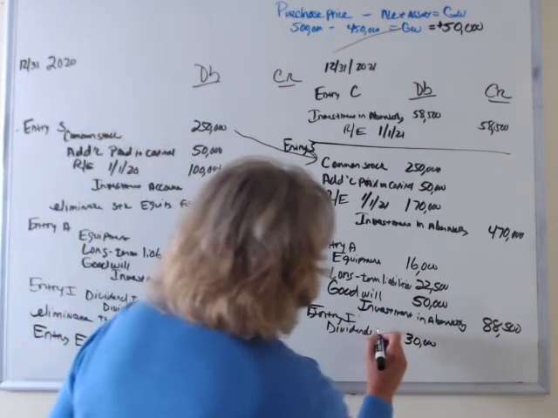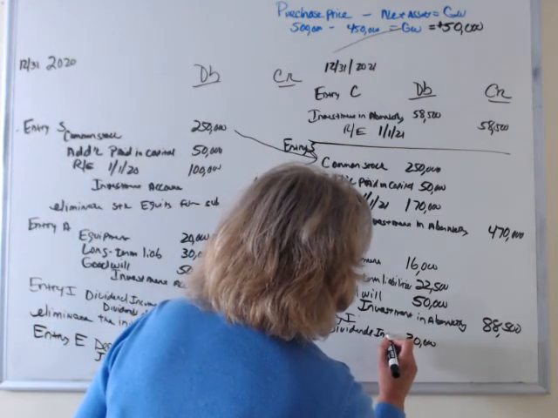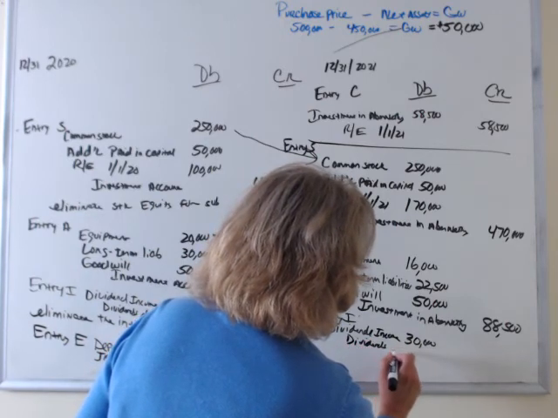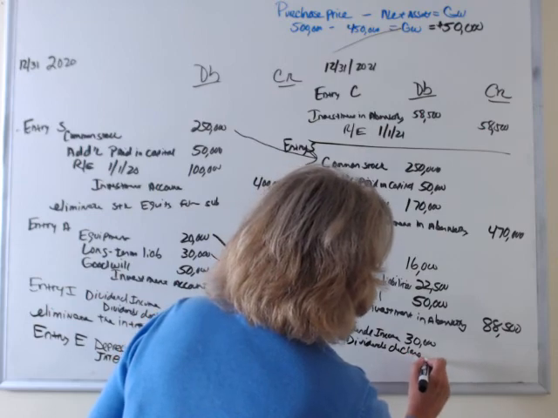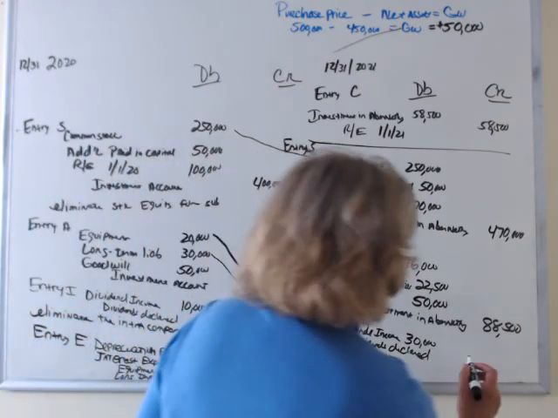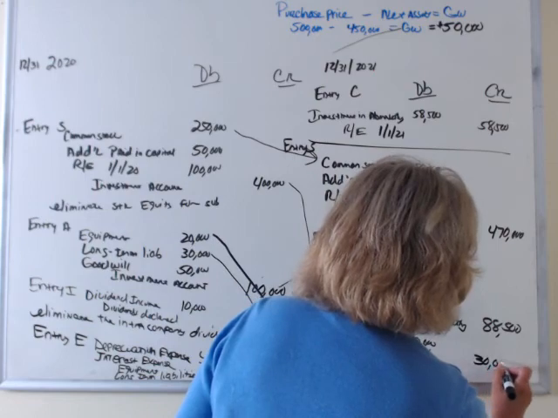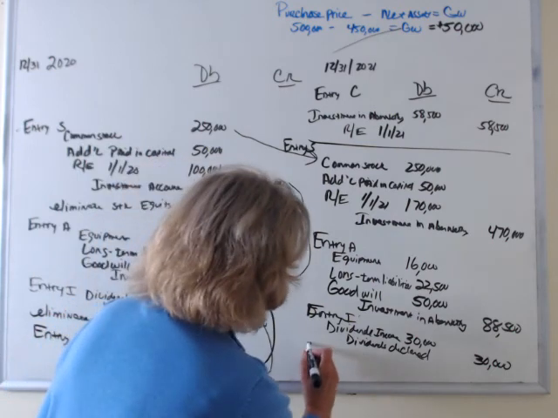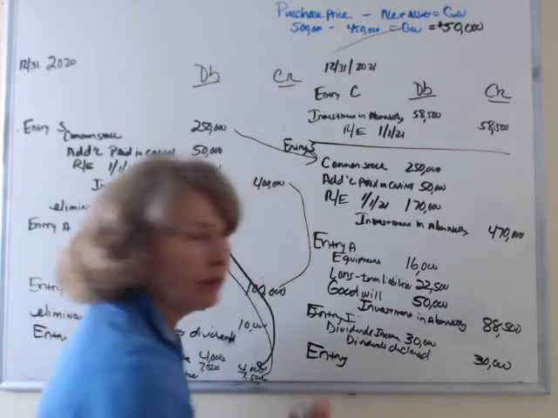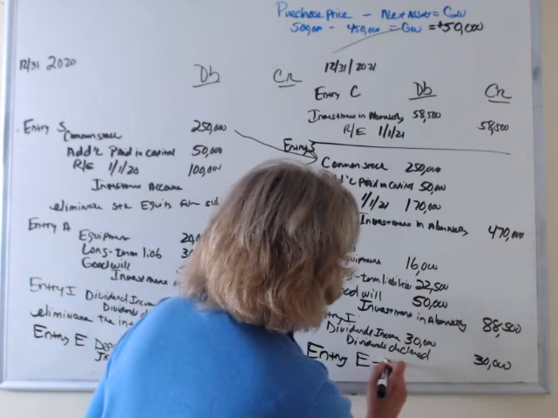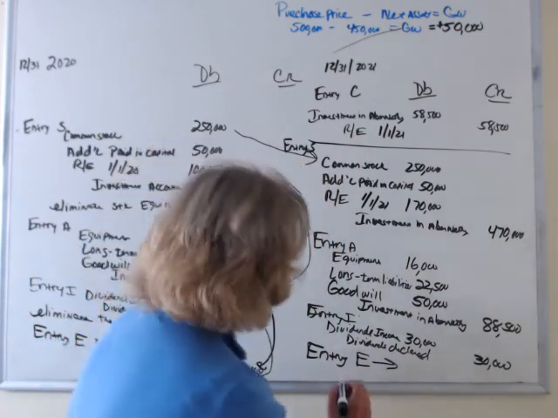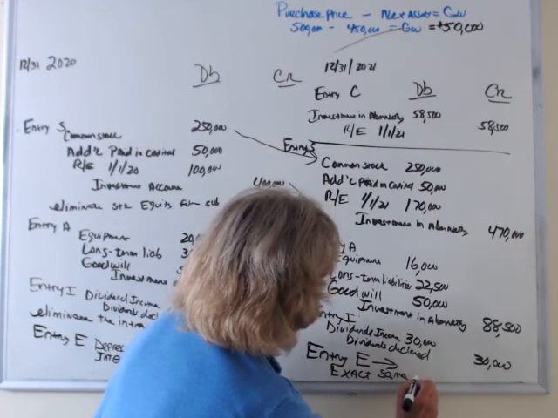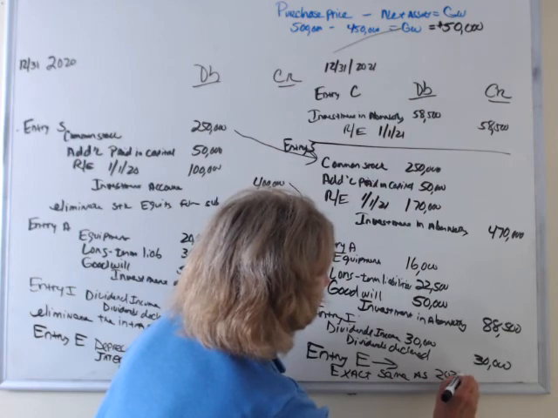Okay, so that's dividend income. And then dividends declared. Okay. All right, and then I come to entry E. All I'm going to write is exactly the same as 2020. Exact same as 2020. Okay?